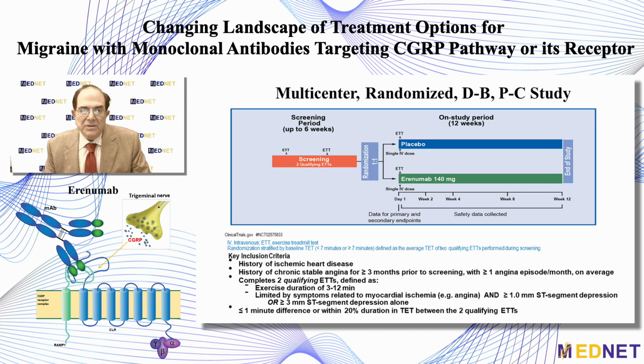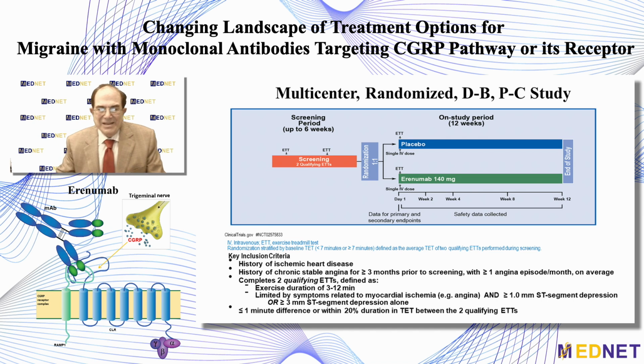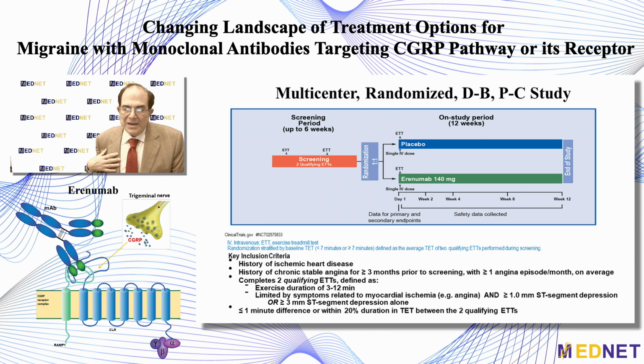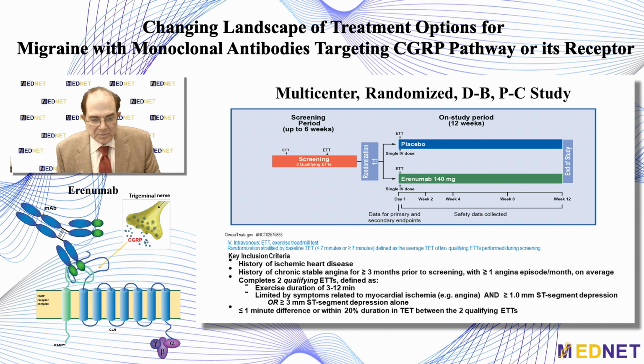So what they did is they screened the patients, they did a baseline cardiac stress test, and the patients either got IV placebo or IV erenumab, and they were then given a stress test. And they looked at the following: exercise duration, 3 to 12 minutes, and they wanted to see if the patient developed angina or ST segment depression.